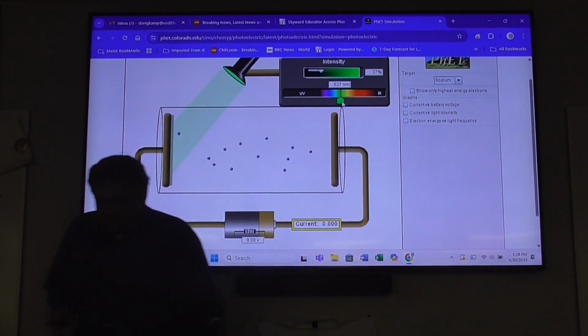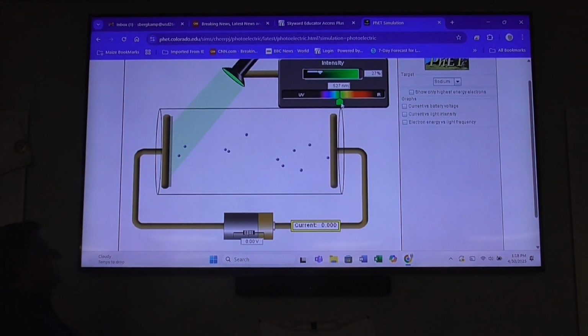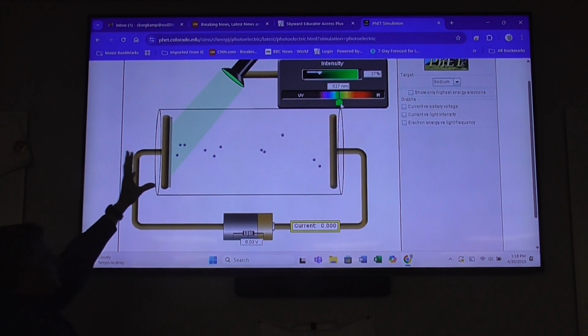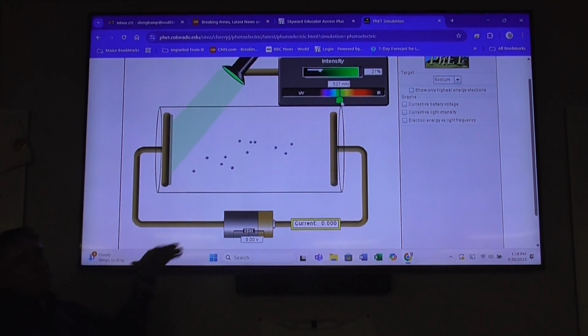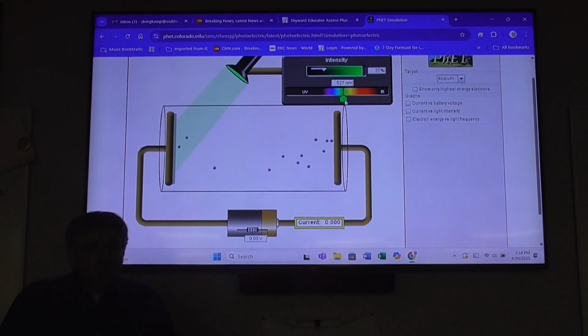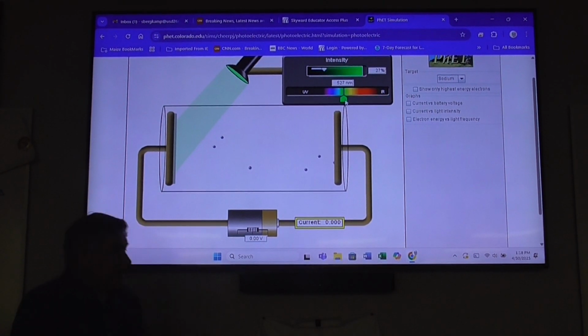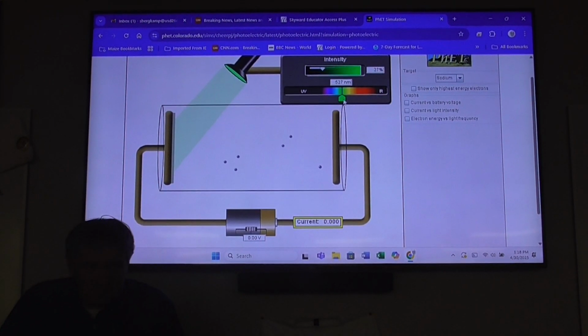Now, here's the other thing that happens. You'll notice that this is a pretty steady stream. Now, this is where this reinforces a bad stereotype. When you observe the photoelectric effect, you're not going to see electrons going across this gap.